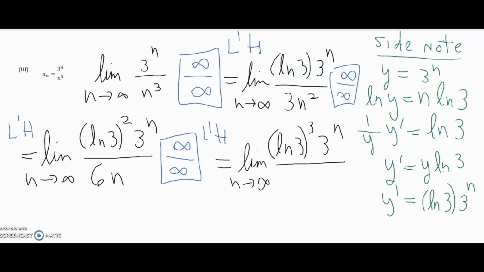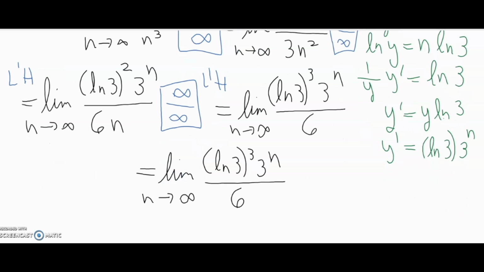On the bottom, the derivative of 6n is just 6. We can do this now. As we take the limit, the denominator stays fixed, but the numerator goes off to infinity. So this particular limit is infinity, which means that, once again, this sequence diverges.